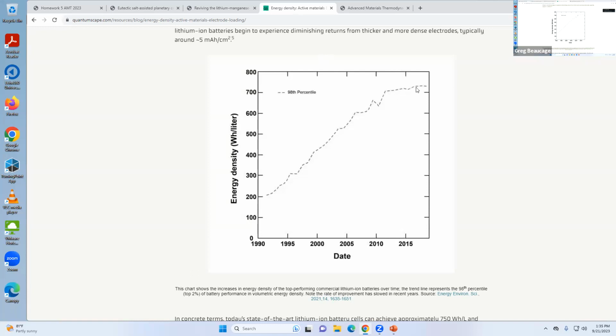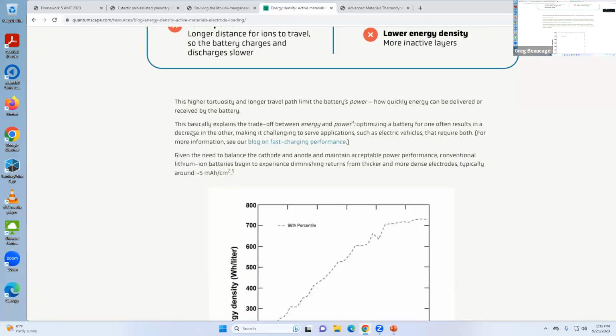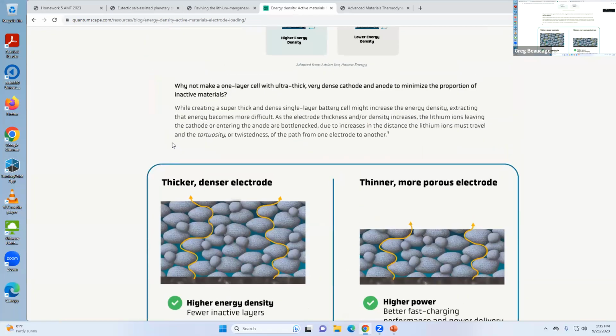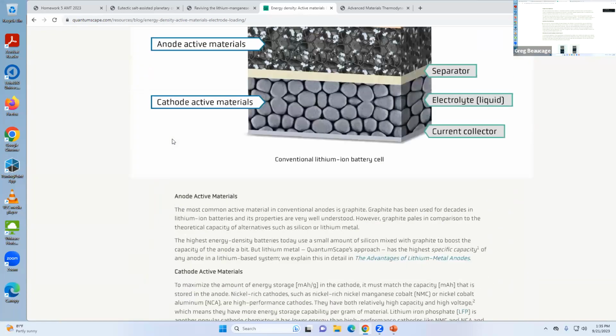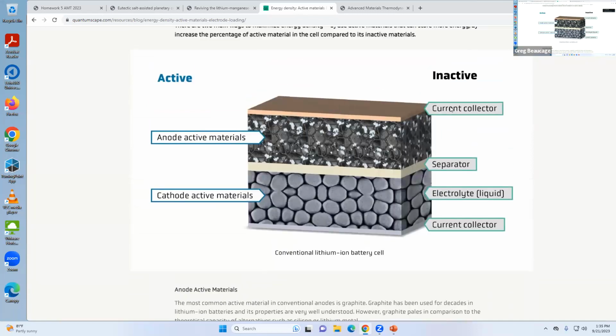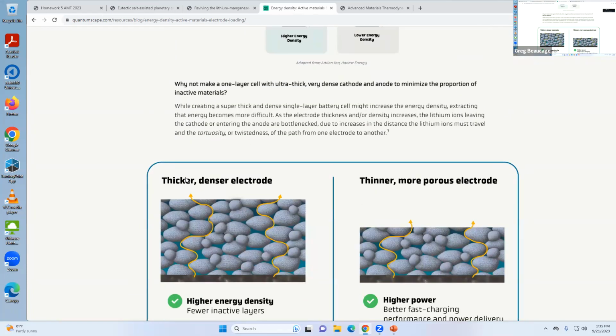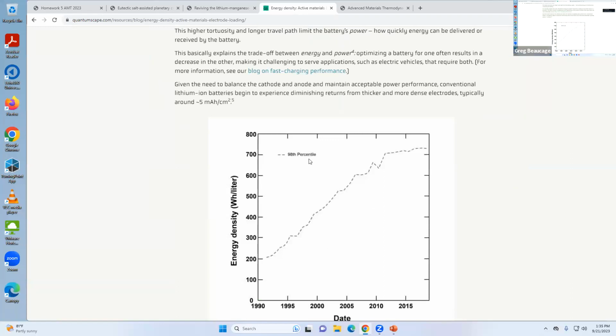So the issue is, what is it that you need to do to make it go higher? And there's a lot of tricks people have. Like if you swap out the graphite in the anode with silicon, it can take up 10 times as much lithium. So this chart would suddenly jump up to 7,000 instead of 700.